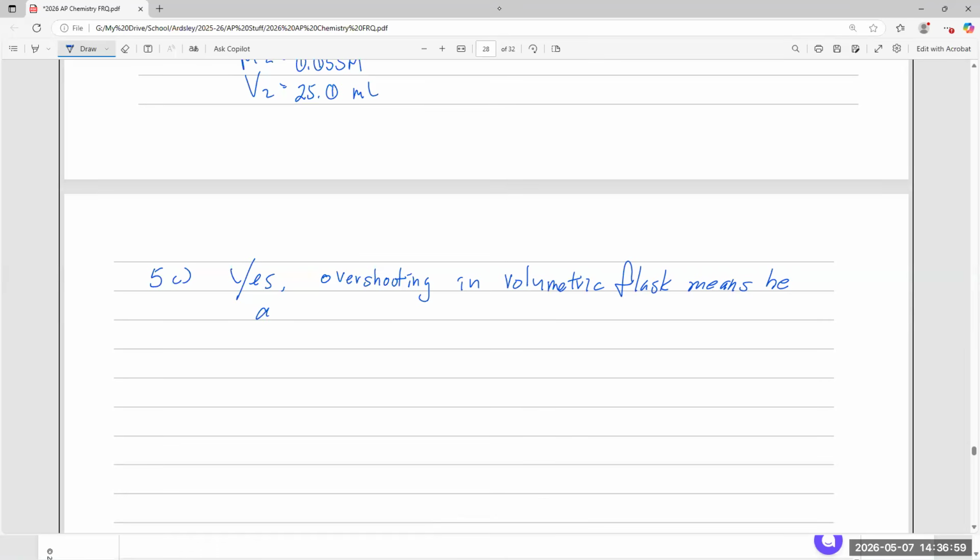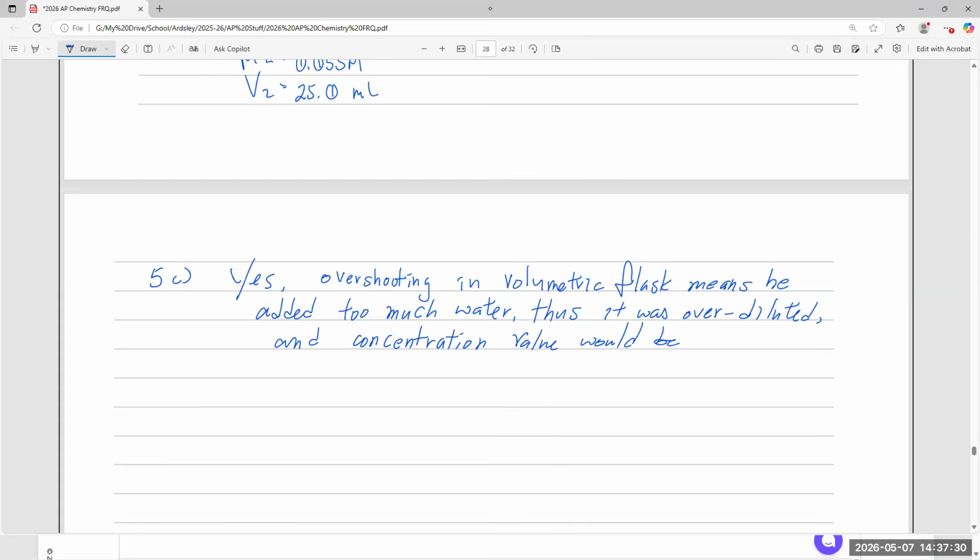It means he added too much water. Thus, it was over-diluted and the concentration value would be lower.